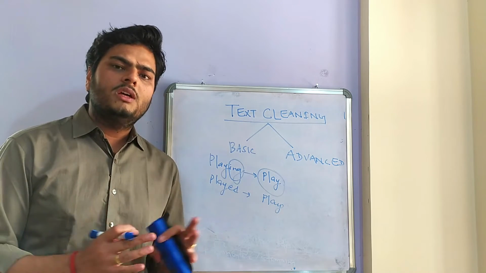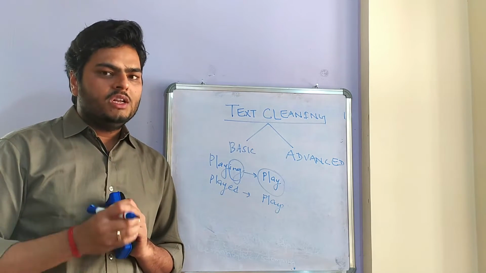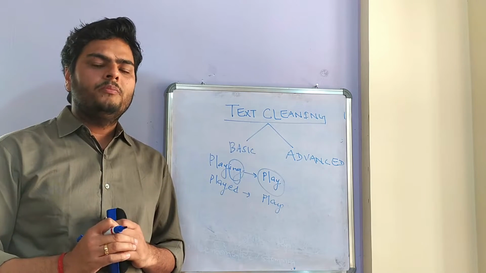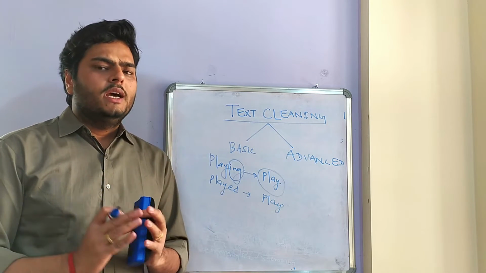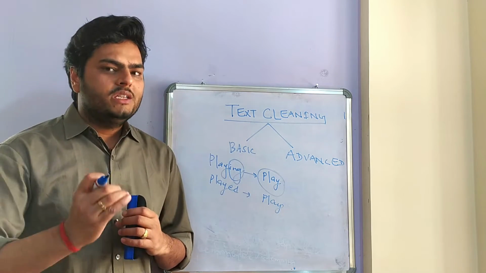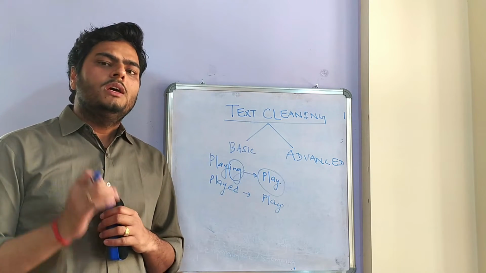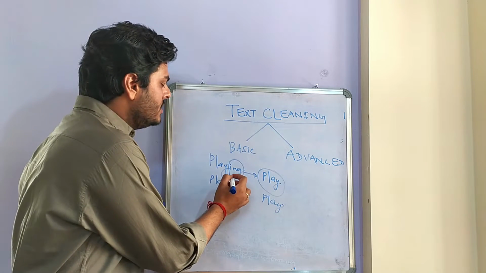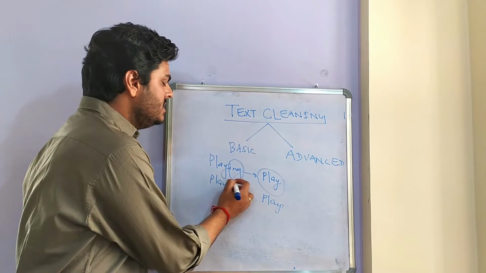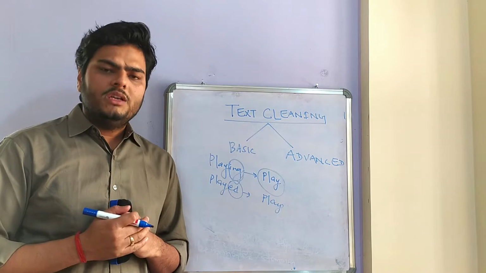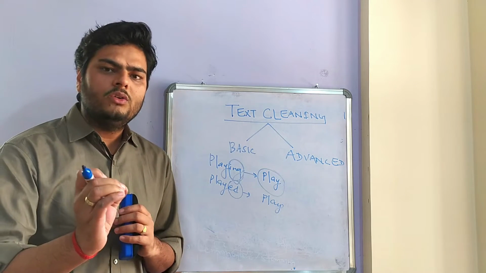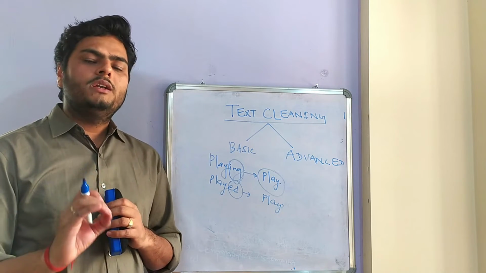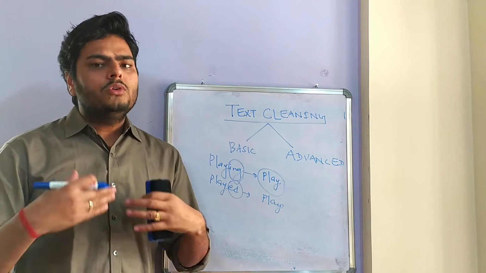Now in stemming also there are different types of stemmer. I will explain that in a separate video maybe, but stemming is that process. And then there is another process called lemmatization. So what is lemmatization? Lemmatization does not work on the principle of removing the word by looking at these keywords "ing", "ed". Rather, lemmatization looks at a word vocabulary known as WordNet, and it tries to give you meaningful words always.